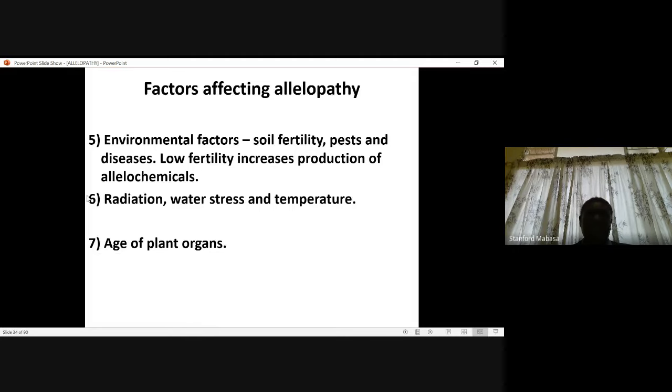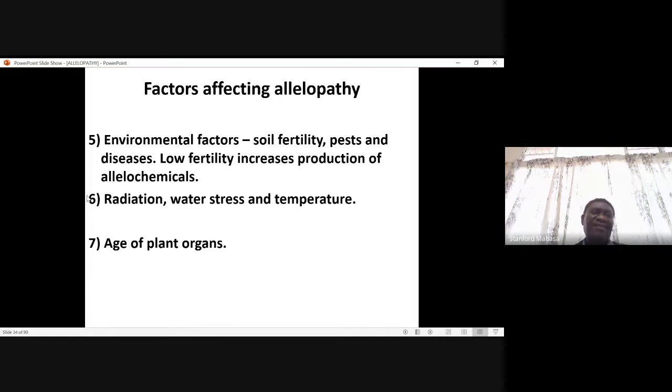Then radiation, water stress, and temperature may also induce production of allelochemicals within the plant. Then the age of plant organs, the age of the plant may also determine its capacity to produce these allelochemicals. So allelochemical production can be affected by a number of things.